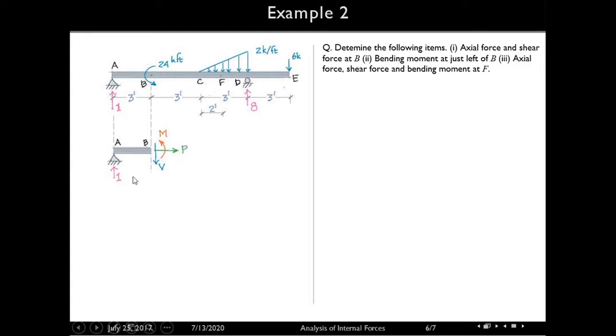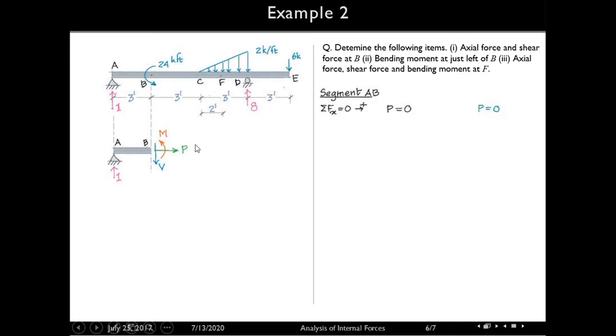Other than that, we have introduced the conventional signs. According to the conventional signs, we have introduced the shear force, axial force and moment that we need to calculate. Using the equations of equilibrium, now we will be calculating shear force, axial force and bending moment.